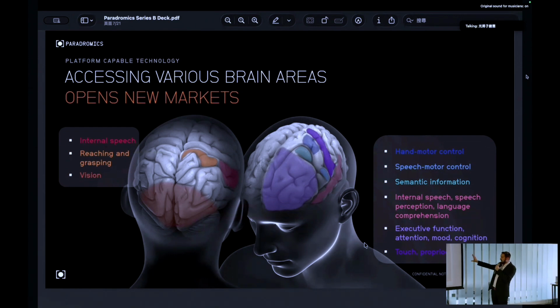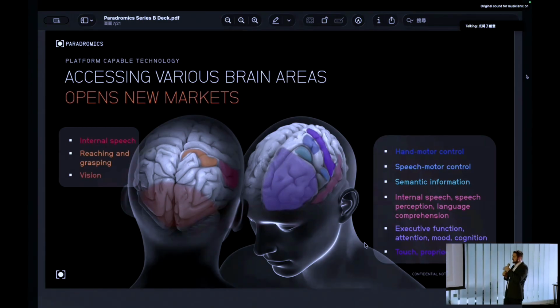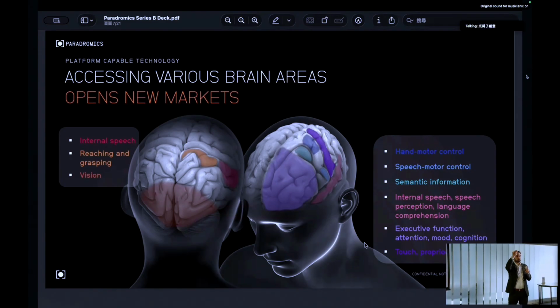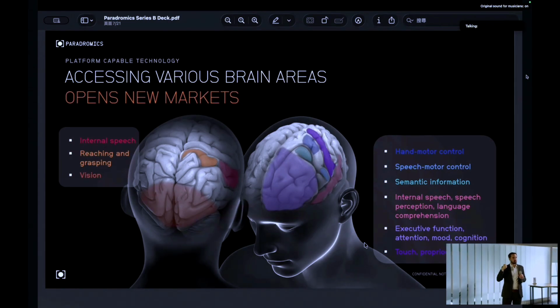Here we have a little bit of a map of the brain to help you understand that the same device we were passing around can do different things depending on where you put it. If you put it in an area called hand knob that controls the motor output to the hand, suddenly you have a cursor, typing, and upper arm robotic control.